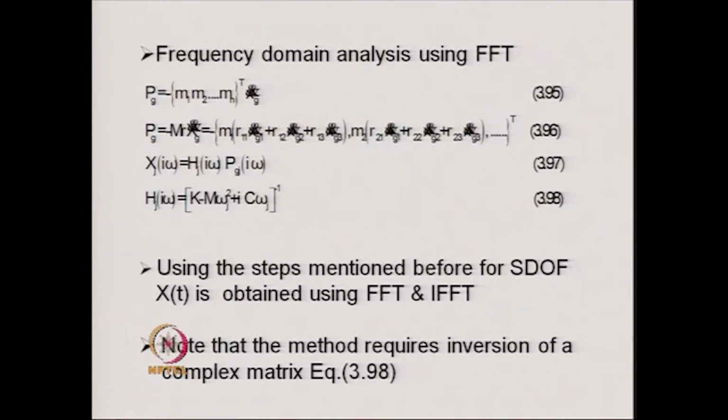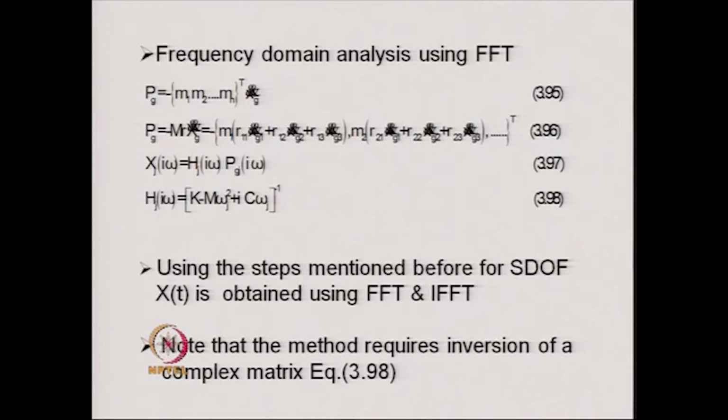Note that for computing H j i omega, one has to obtain a complex inversion of a matrix given by equation 3.98. Using the steps as we have discussed before for single degree of freedom system, x t then can be obtained using FFT and IFFT.